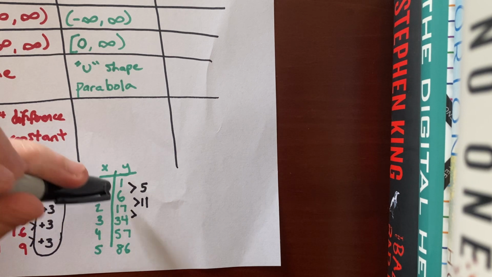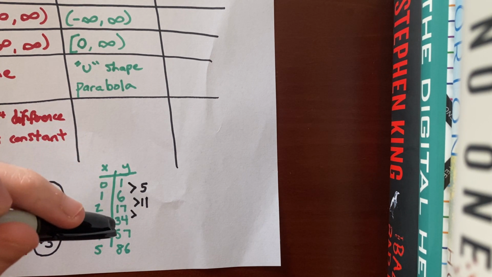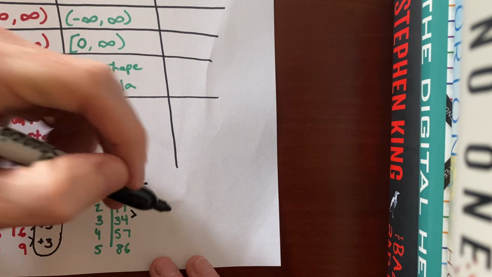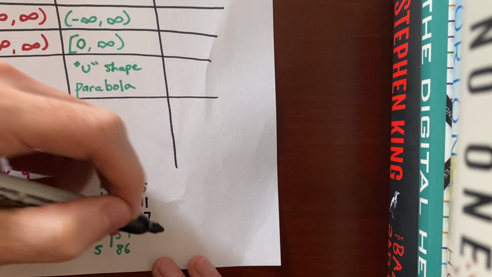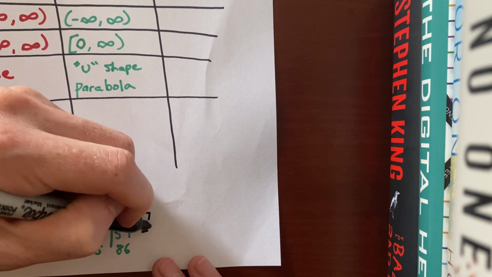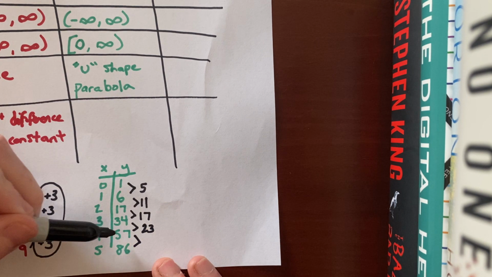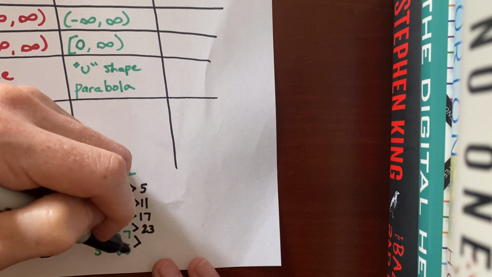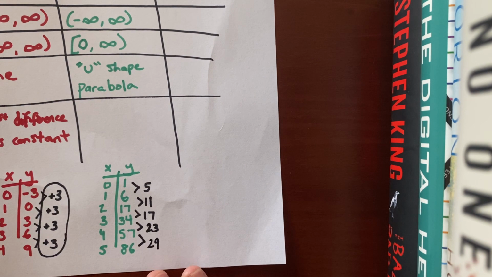So I did 6 minus 1 to get 5, 17 minus 6 to get 11, 34 minus 17, and that's going to give me a 17. All right, 57 minus 34 gives me 23. And then lastly, 86 minus 57. That's why it's called differences, because we're subtracting. 86 minus 57 is 29. Whew, that's some stressful math when I'm being recorded here.